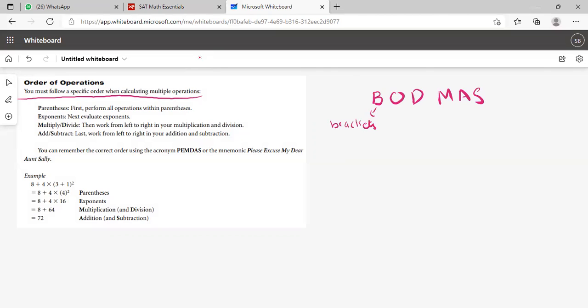Brackets, order, division, multiplication, addition, and subtraction.